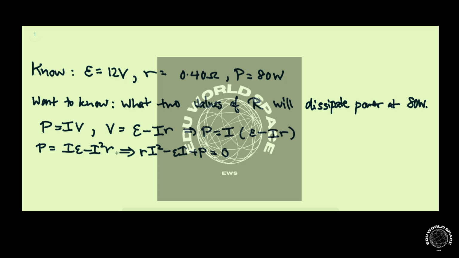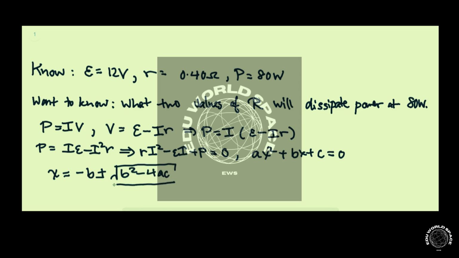So we have something like A X squared plus B X plus C is equal to 0. And this has solution X is equal to minus B plus or minus square root of B squared minus 4AC, all of it over 2A.